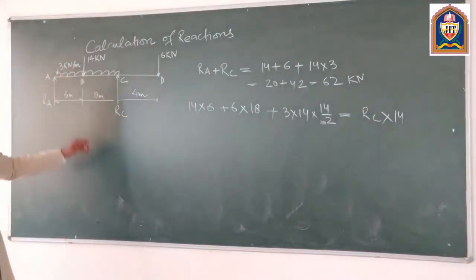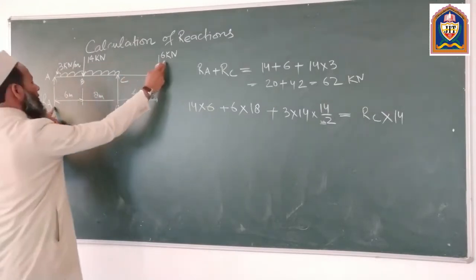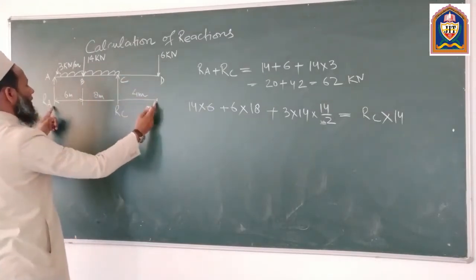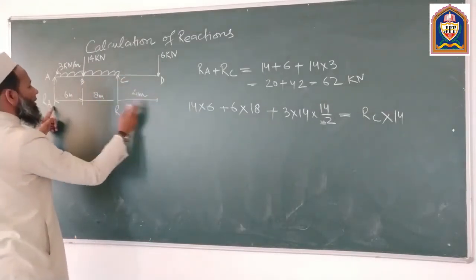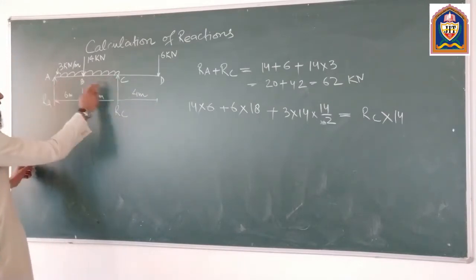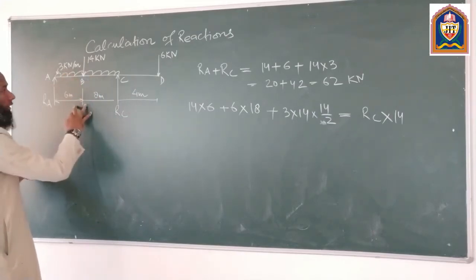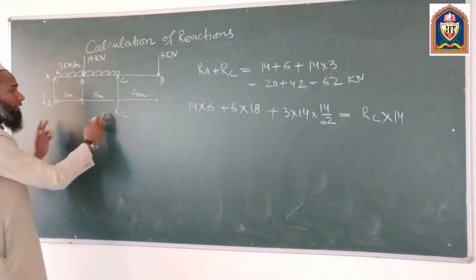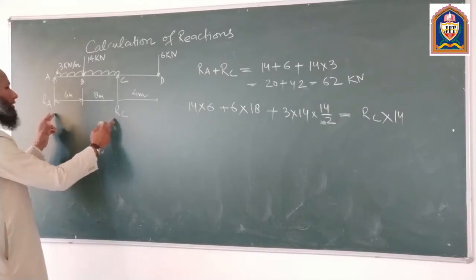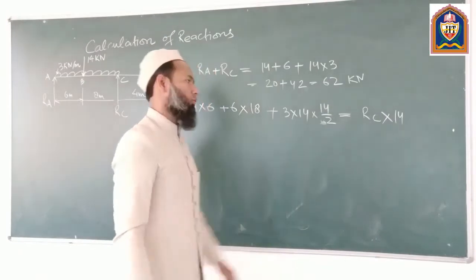Once again, 14 multiplied by 6, then 6 multiplied by 6 plus 4, 10, 18, then uniformly distributed load over the part AC. The total load is 3 multiplied by 14, and where is it acting? At the center of AC. So 14 into 14 by 2.